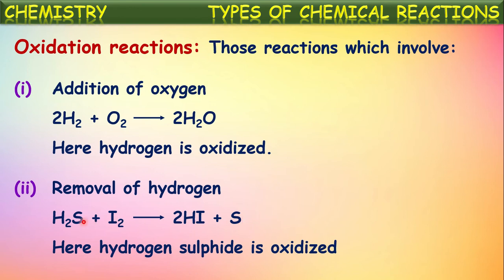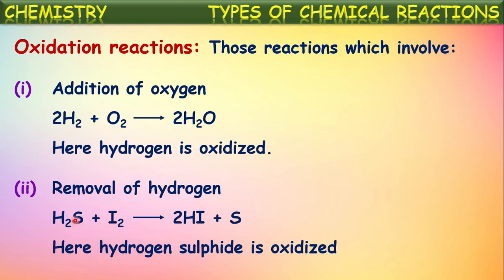If we observe this reaction, from the hydrogen sulfide, hydrogen is removed and sulfur remains finally. So we can say hydrogen sulfide is oxidized because hydrogens are removed from hydrogen sulfide.